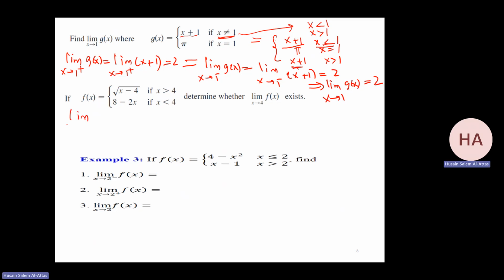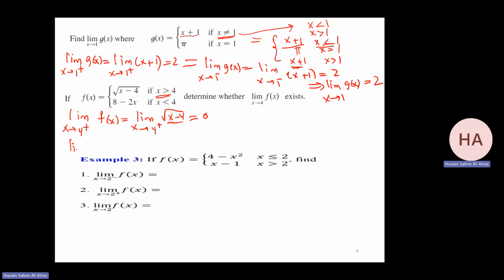Limit as x goes to 4 from the right. So I am here. It will be the square root of x minus 4. Let me do it in steps. F of x, so I just substitute. From the right, everything is defined, so you have no problem in the calculation. That will be 0.